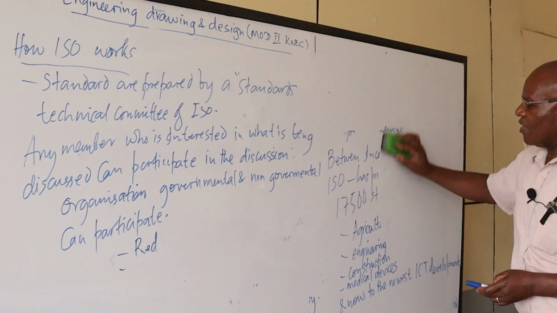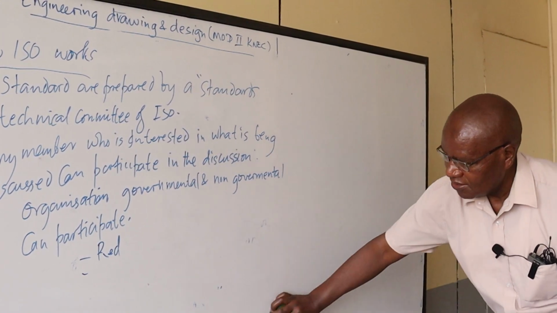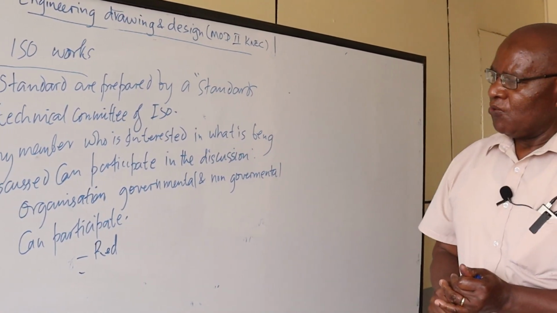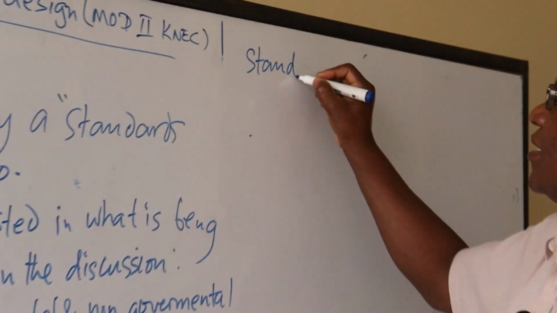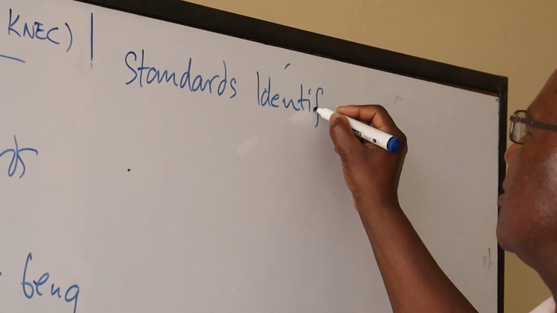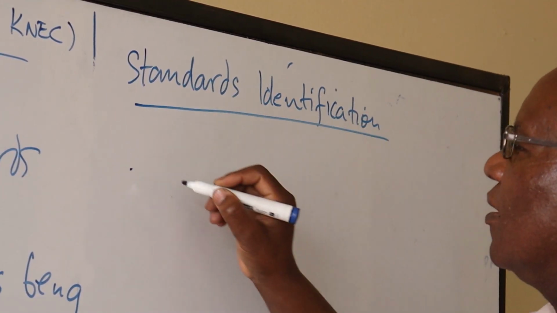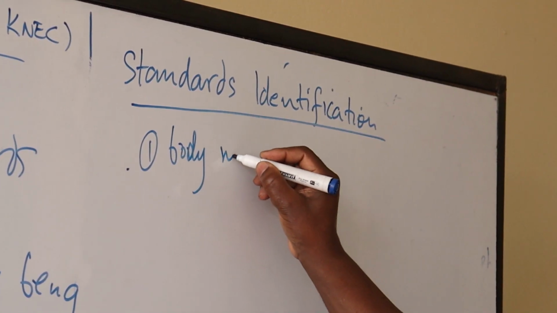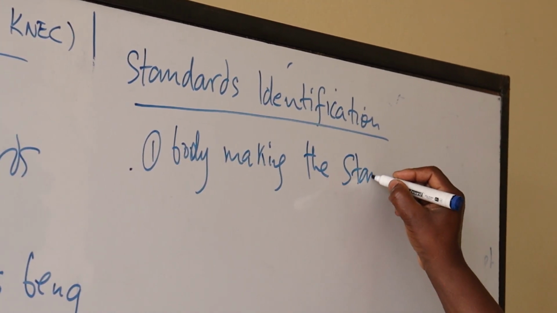Now, when these standards are formed, like everything, they have got advantages and disadvantages. But before I look at that, how do we identify the standards? So let's talk about standards identification. Now first, we need information about the body making the standard.